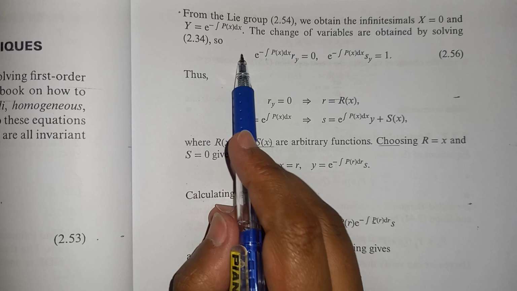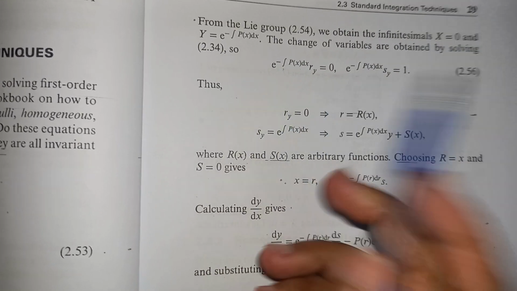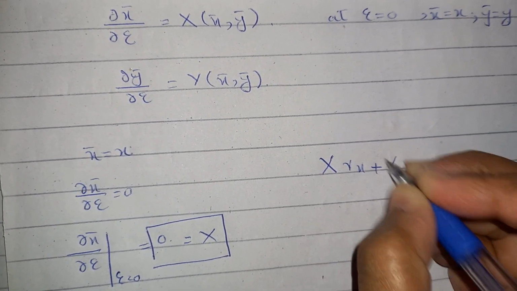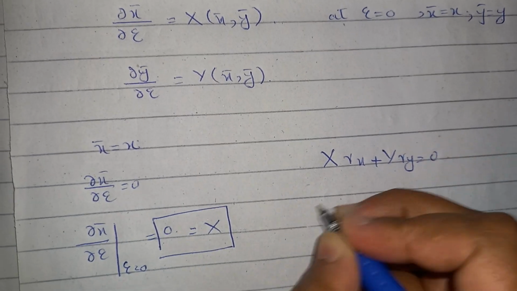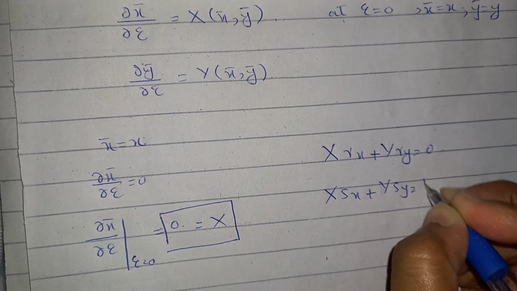Now students, you know the transformation formulas for R and S, and that are given by capital X of R of x plus capital Y of Ry is equal to 0, and capital X of Sx plus capital Y of Sy is equal to 1.